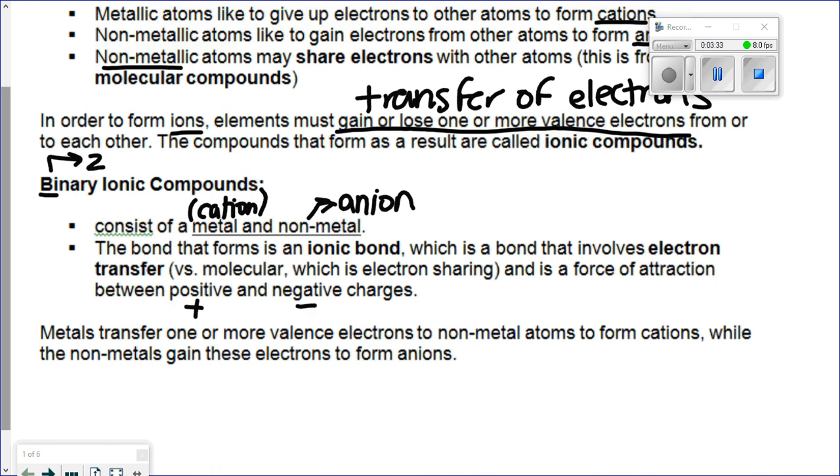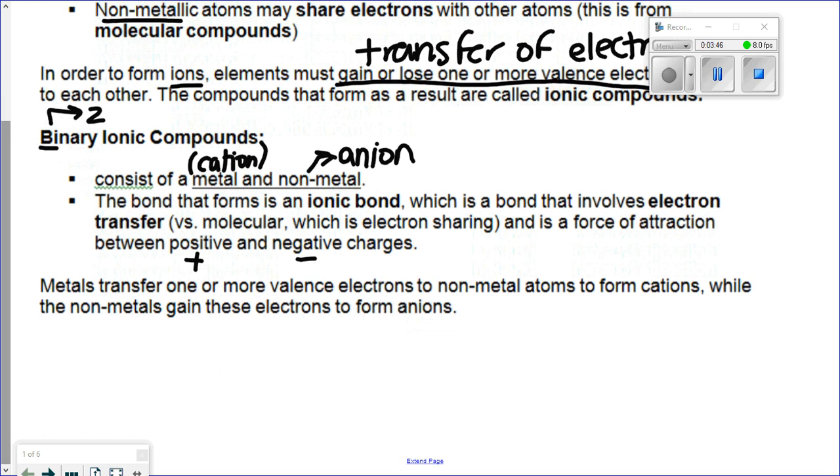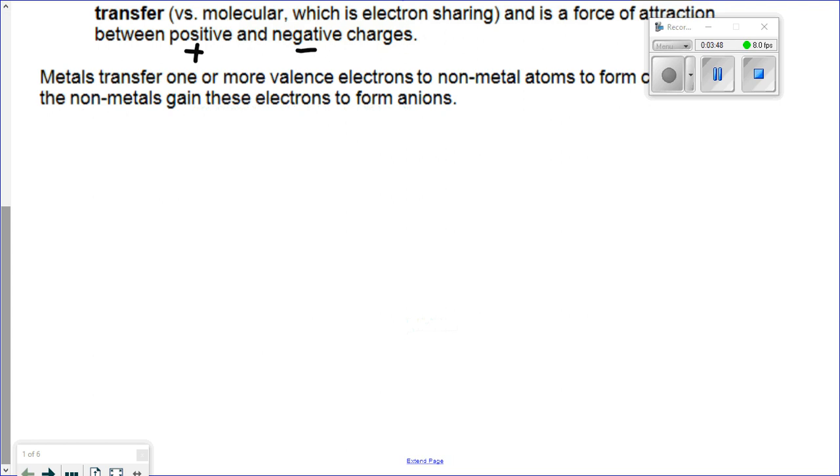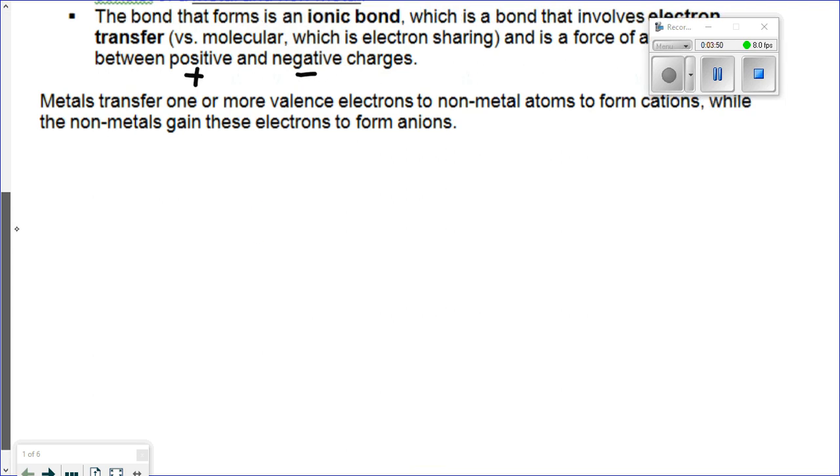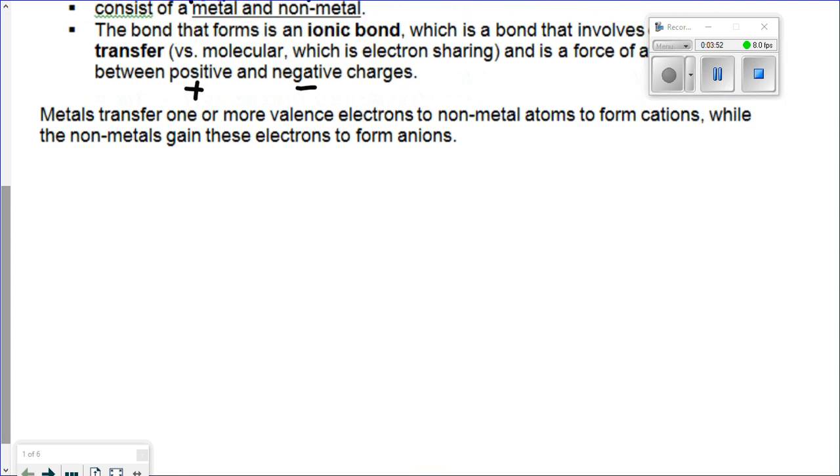When that electron transfer occurs, those positive and negative charges are what actually hold these compounds together. And we'll look at an example of that. Metals transfer one or more valence electrons to non-metal atoms to form cations, while the nonmetals gain these electrons to form anions.